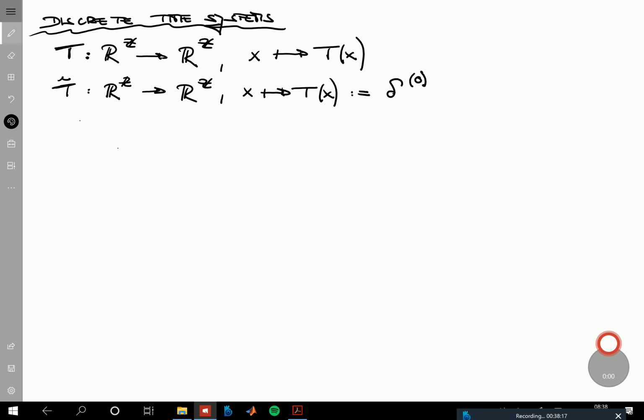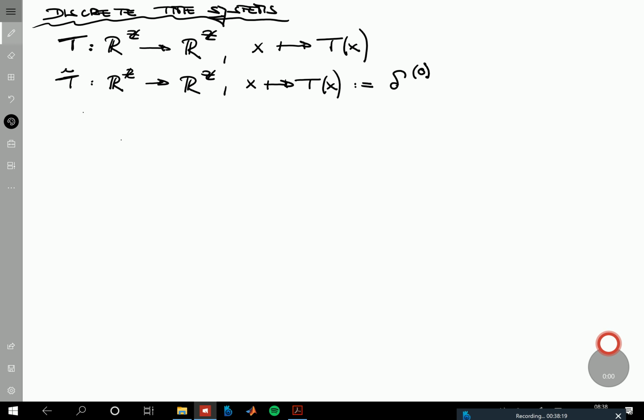A little bit less stupid example is a so-called accumulator system, which is a running example in the script, because one can show specific aspects of systems quite easily with it. So an accumulator system is a discrete time system, a function from the infinite sequences to the infinite sequences. Of course, you can also define these discrete time systems for finite sequences, but we do this in general here with the infinite one.